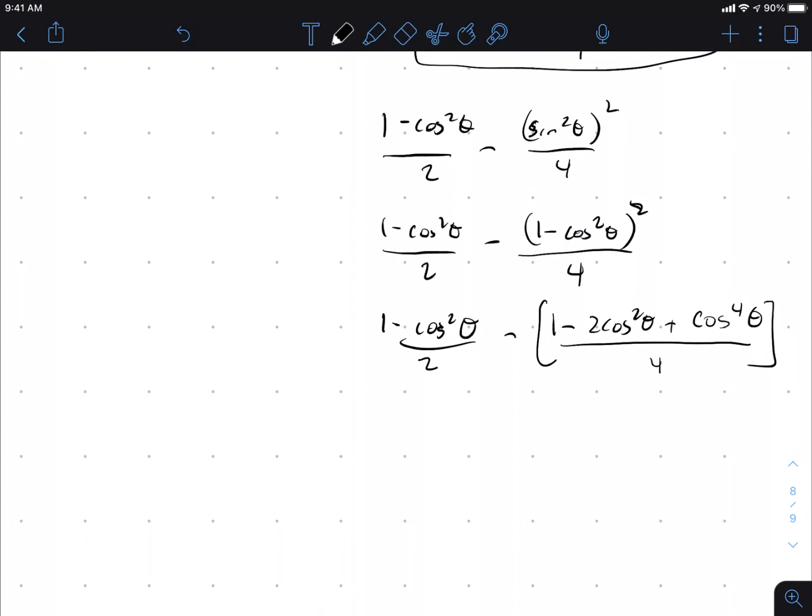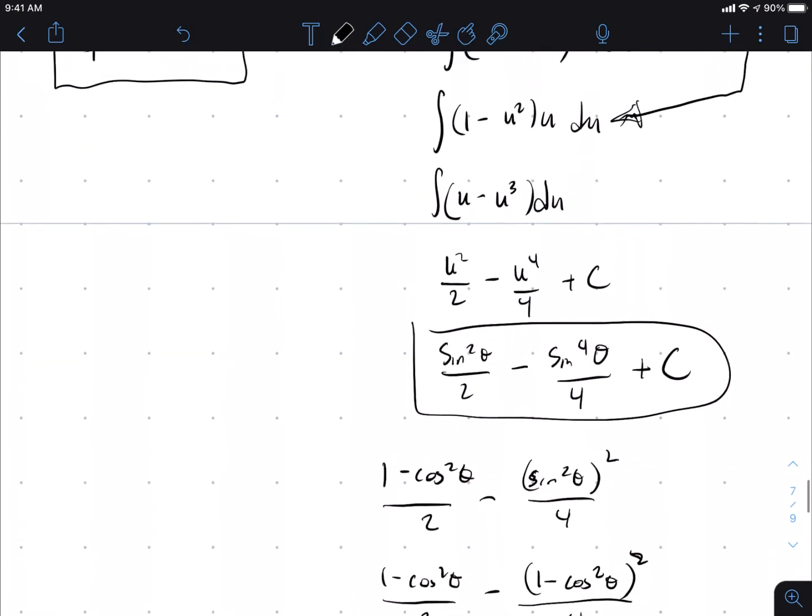Yes? So 1 over 2 minus cosine squared theta over 2 minus 1/4 plus 2 cosine squared theta over 4. Oops, this should be a minus. 1/4 cosine squared theta, right? Isn't that what we should end up with?